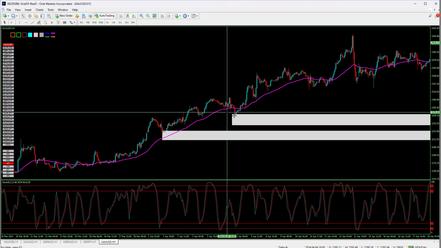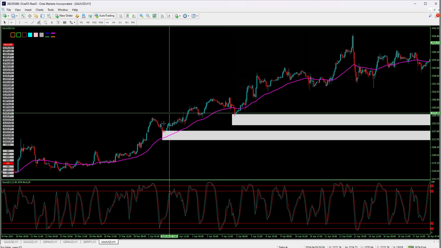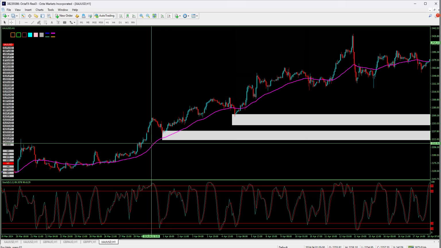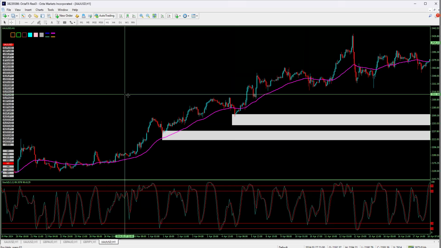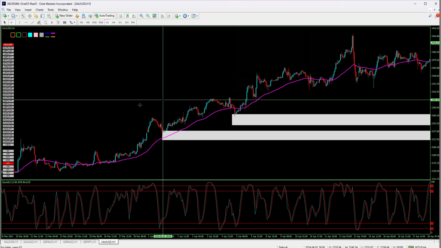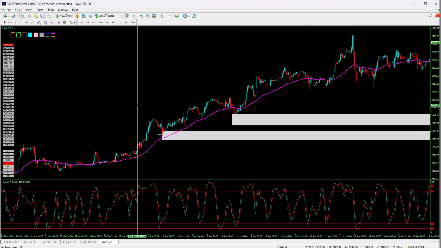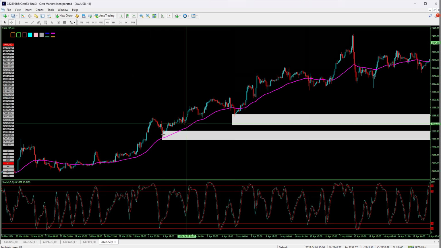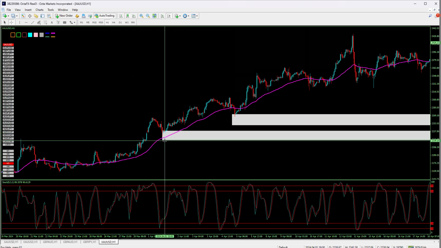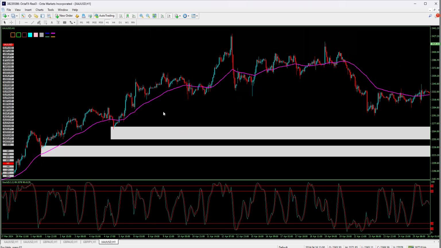Then you enter your buy, then it flies. Again, you can see this one right here and then this one right here. So this hidden divergence, you can just enter your buy here, then usually when you enter your buy, just put 20 to 30 pips below, 15 pips, it depends. So just do that and it will work out.